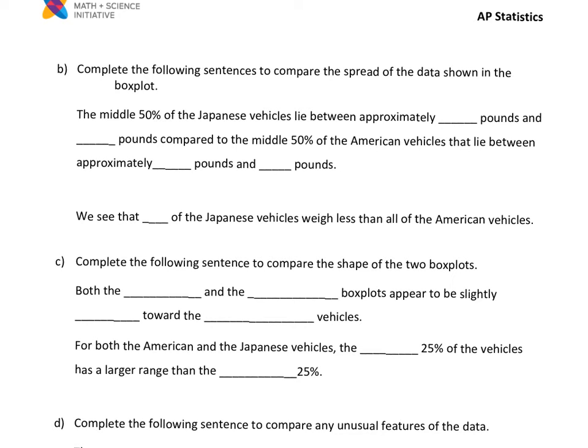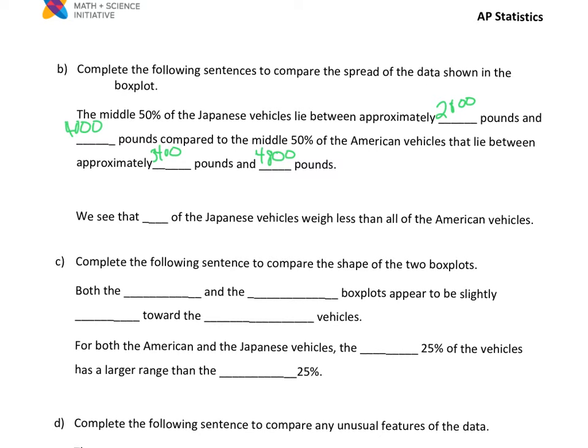It looks like it's around 2,800 pounds, and the upper end looks to be approximately 4,000 pounds. Compared to the middle 50% of the American vehicles that lie between approximately 3,400 to 4,800 pounds.